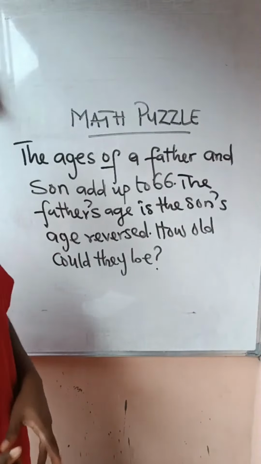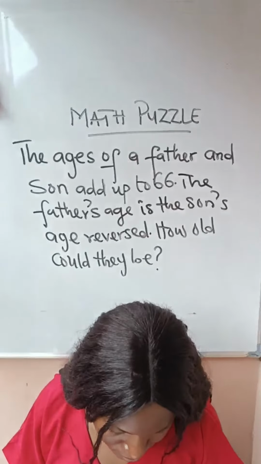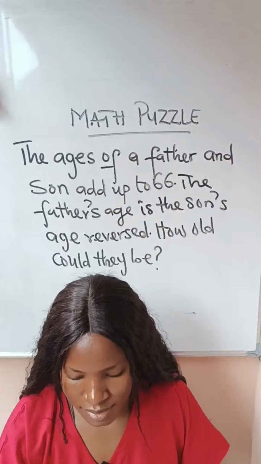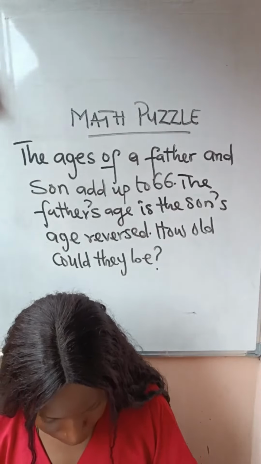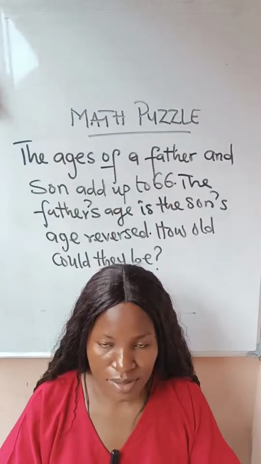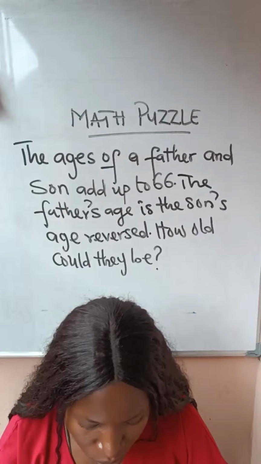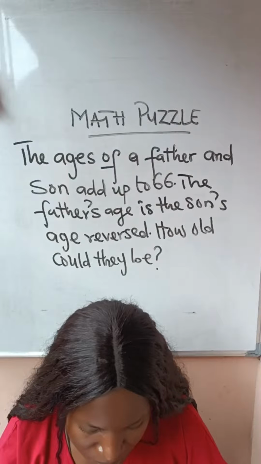That's the question. The ages of a father and son add up to 66. Father is 51, son is 15.